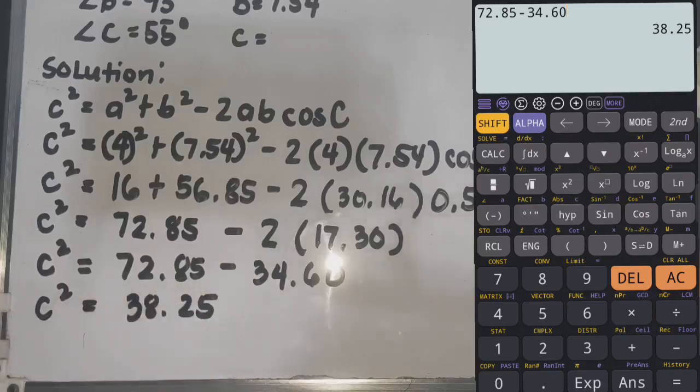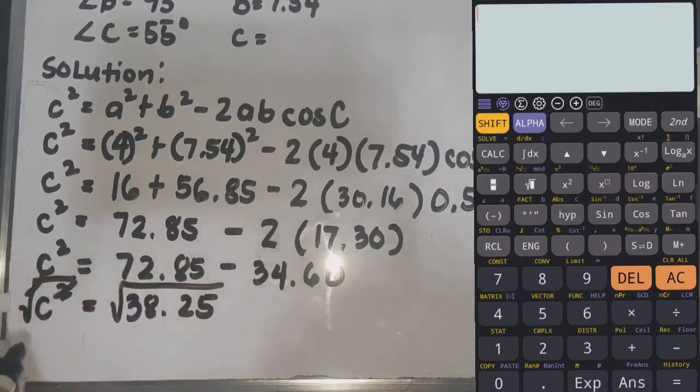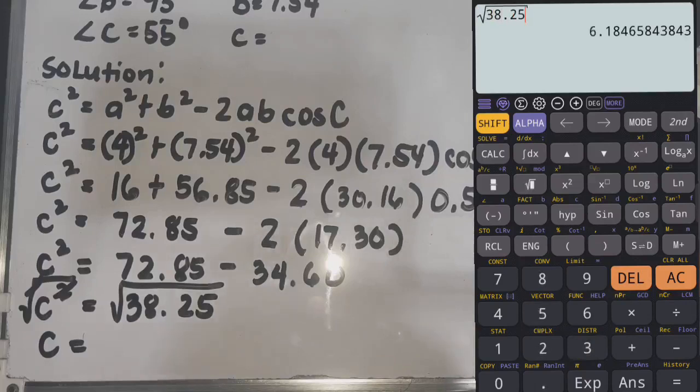38.25. Then dahil C lang yung hinahanap natin, meron siyang exponent, apply the square root property. So radical sign on both sides. So cancel. So the value of side C is the square root of 38.25. So press sa calculator, square root or radical sign.